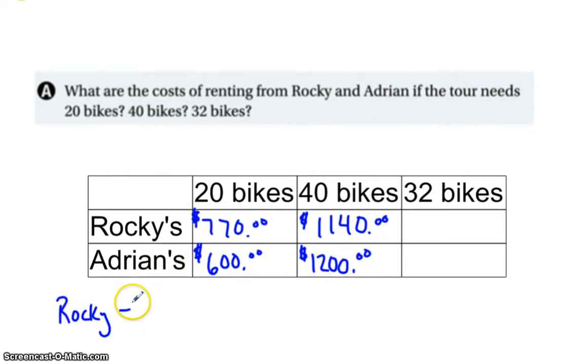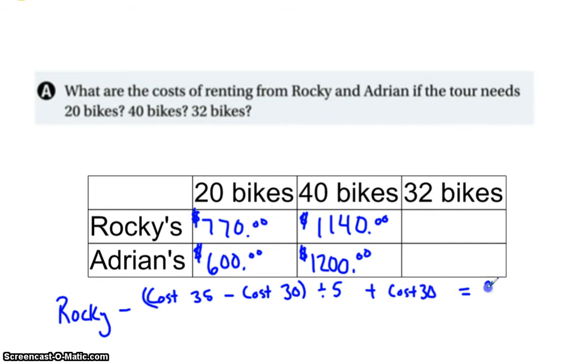So we have the cost for 35 minus the cost for 30, and we're going to divide that by 5, and then we will add that in to the cost of 30, and that will equal the cost of 32 bikes. For Adrian's, we're going to take 600, divide it by 20, and then multiply that by 32, and that will equal the cost of 32 bikes.